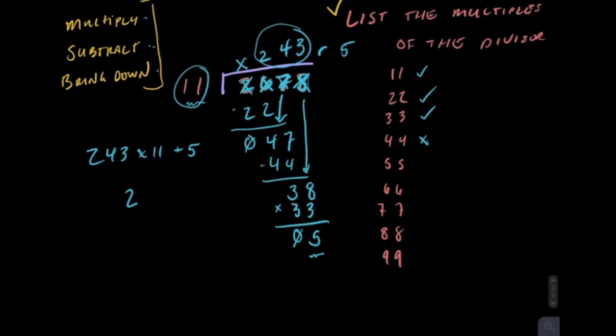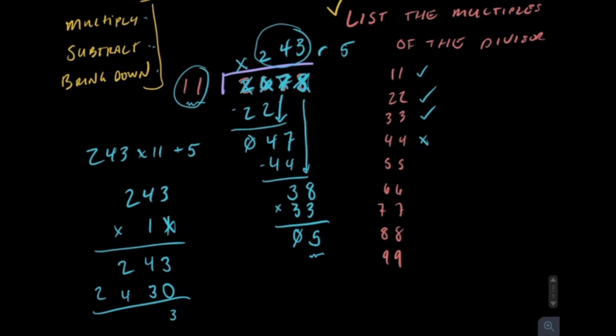So let's check it. 243 times 11. 1 times 3 is 3. 4, 2. And x there's 0. 3, 4, 2. Add them up. 7, 6, 2.